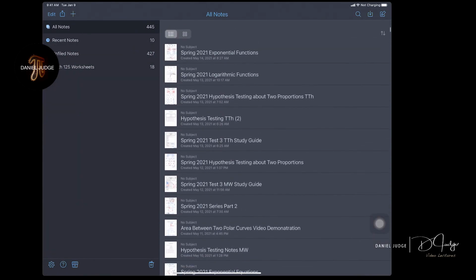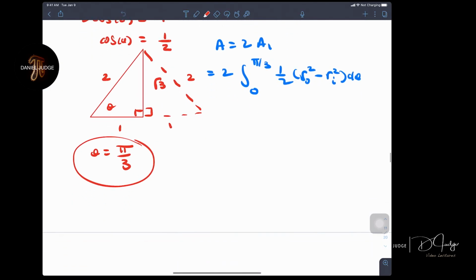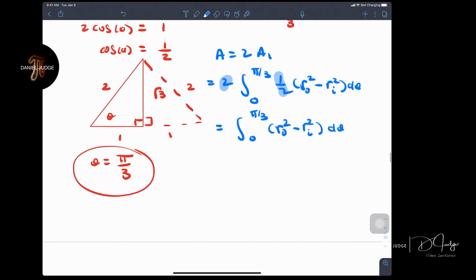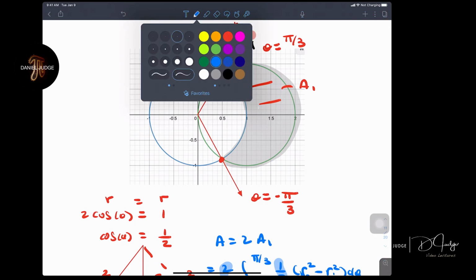All right. So here we go. So take out that 2. So this area here is going to be 0 to pi over 3, r out squared minus r in squared d theta. So this will be 2 times that 1/2. So that 1/2 factors there. It's going to be gone. So we've got to say, okay, what's the outside portion here?